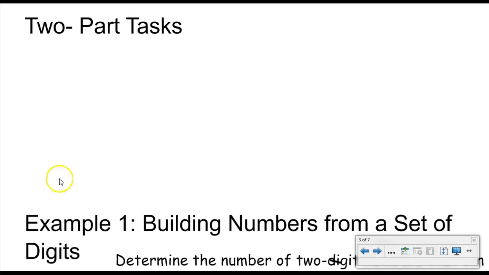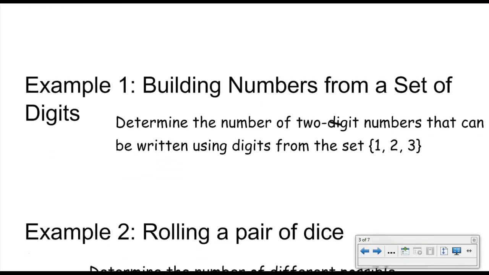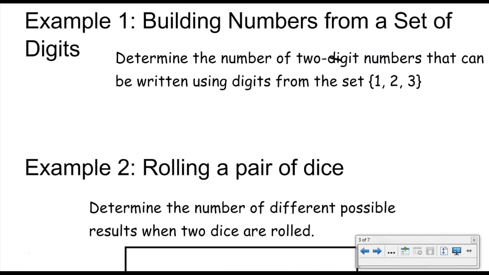A two-part task is something where you choose one thing and then you choose another. So for example, we've got a couple different things down here. Determine the number of 2-digit numbers that can be written using the numbers from the set 1, 2, and 3. If I have a 2-digit number, here's my first digit, and here's my second digit.